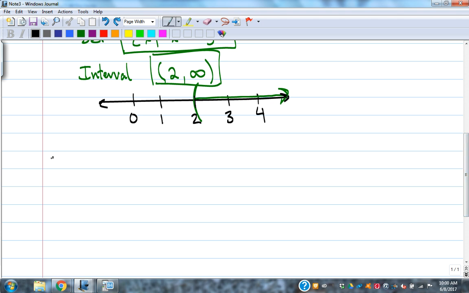All right, let's look at another example. Negative 3x plus 5 is greater than or equal to negative 7. Very similar problem, just a little bit different. What's our first step?